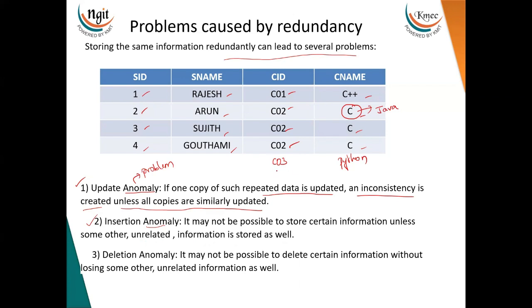Now, if I would like to insert these values into the table, along with these values, I may also have to insert some other unrelated information. Unless and until this unrelated information for SNAME and SID is inserted, I may not be able to insert this course ID and course name Python. So this is the problem which we are facing with the insertion of records into the table.